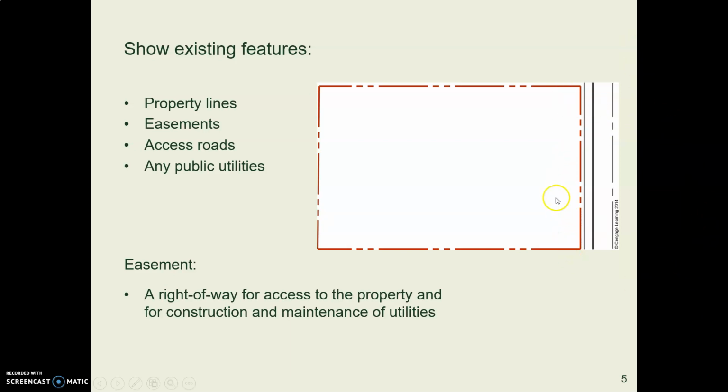The easement, you might have trees or patios where the easement is, but if the utility needs to come in and tear up the ground because there's some kind of problem underneath, they have the legal right to do that. So you have to show where those easements go.